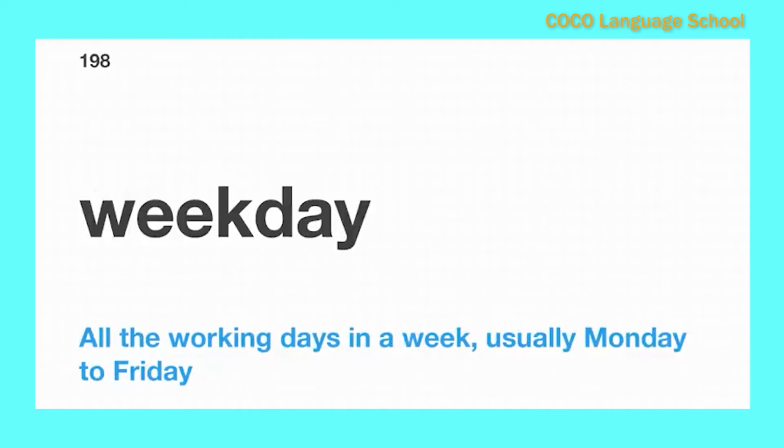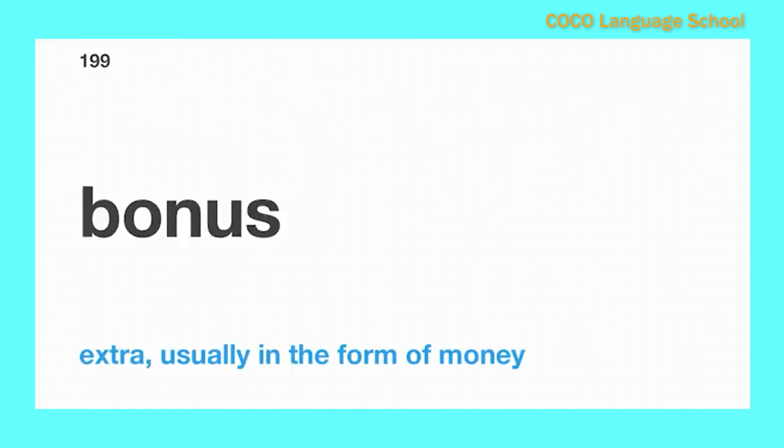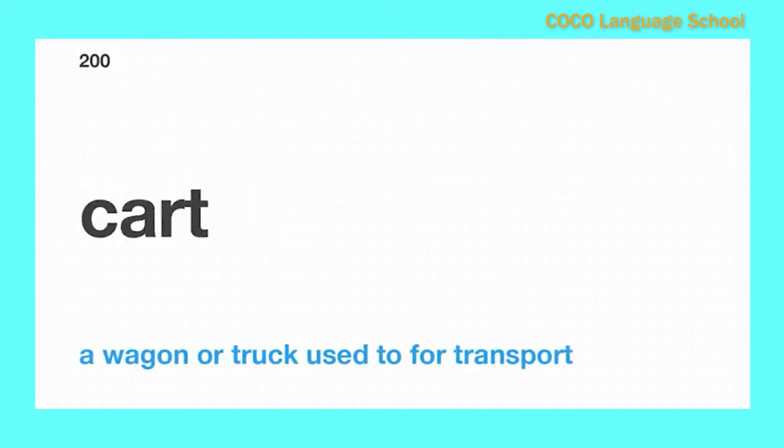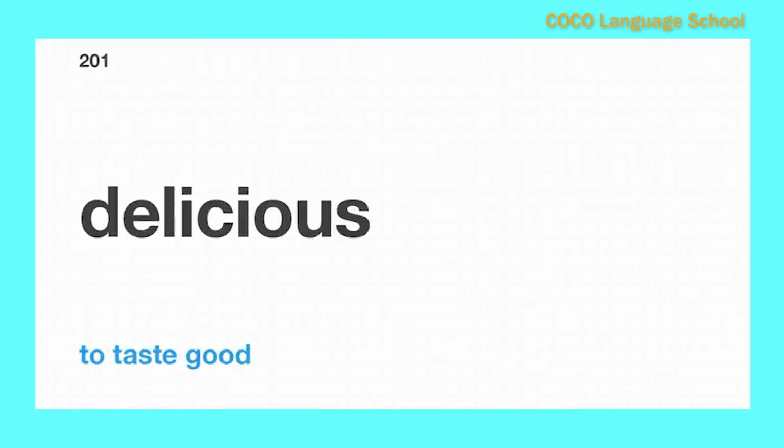All the working days in a week, usually Monday to Friday. Weekday. Extra, usually in the form of money. Bonus. A wagon or truck used for transport. Cart. To taste good. Delicious.